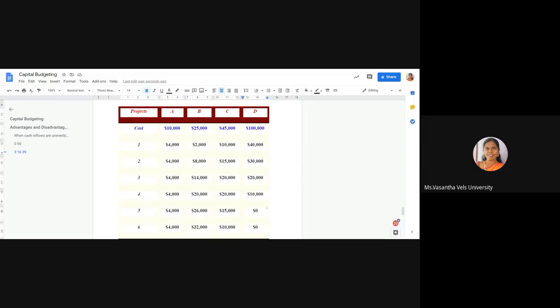So 4,000 into 6, your average cash inflow is 4,000. The formula: initial investment divided by average cash inflow. So 10,000 divided by 4,000. Second case, you want to recover 25,000. So you have to see how many years it will take to recover this amount.